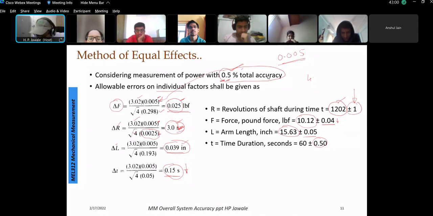Now there are a few practical difficulties. Say, for example, in experimentation, by assigning equal propagation of the error to all the measurement systems, we got these values, but it may not be feasible all the time. The more clarity in achieving accuracy is in the length measurement.